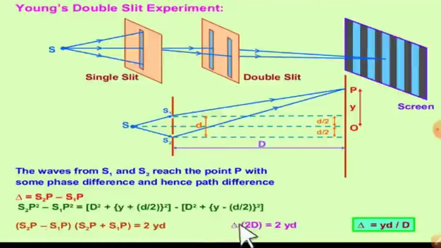This will be equal to D plus D, twice D, right? S2P is approximately D, S1P is also approximately D, capital D I mean. So D plus D is twice D, and this equals twice Yd. The 2 cancels, and you will get the path difference equal to Y small d by capital D.